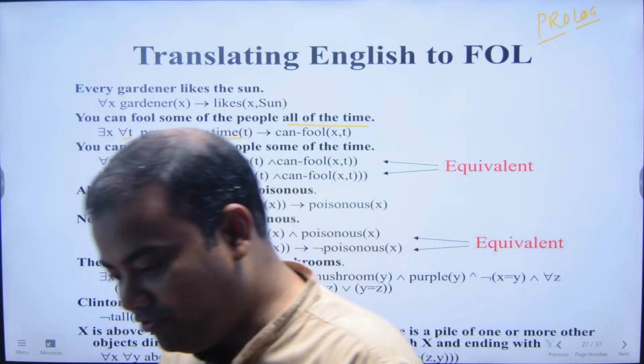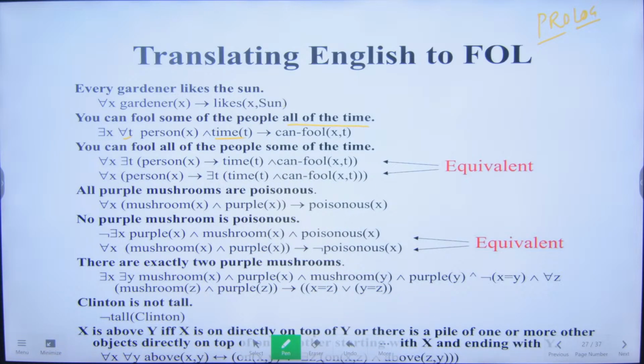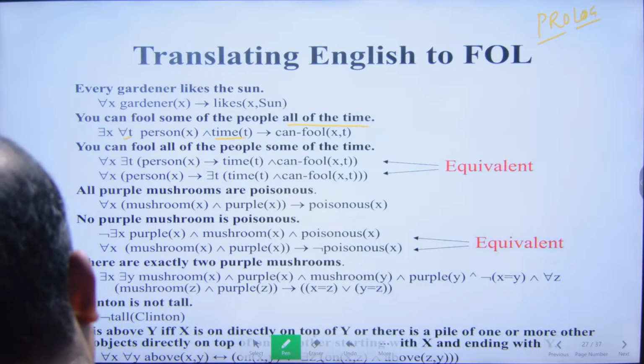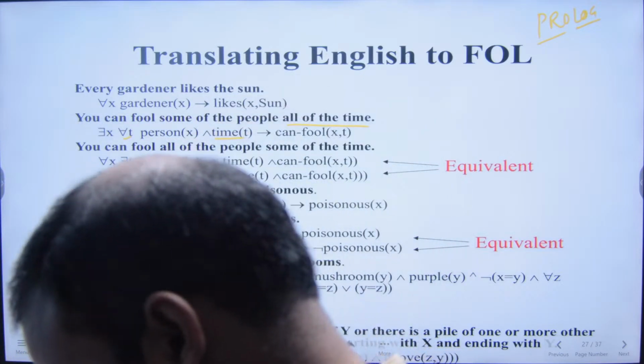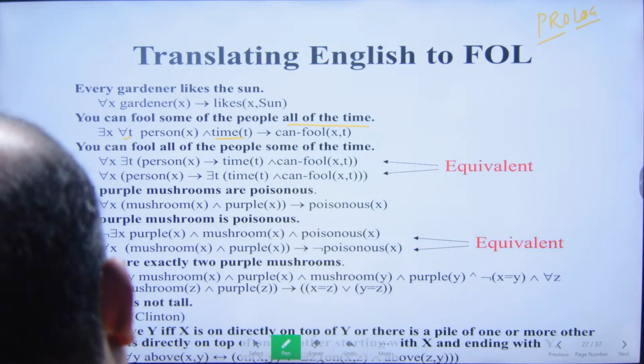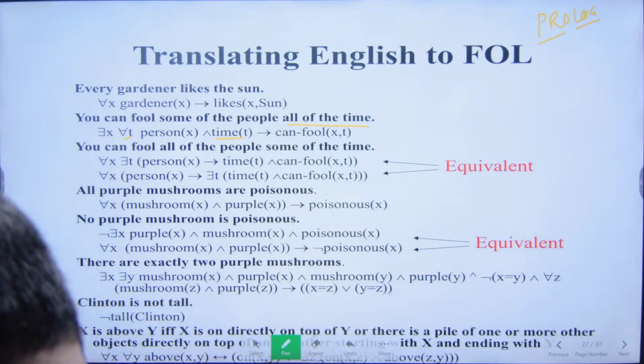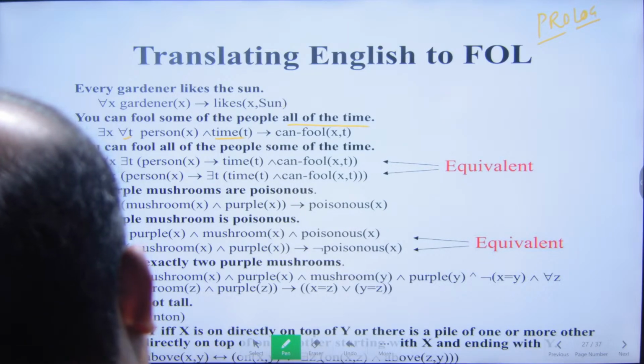What is the meaning of this? What you have written is for all x, but where is time? For every person, if he is a person, then x can fool that person.